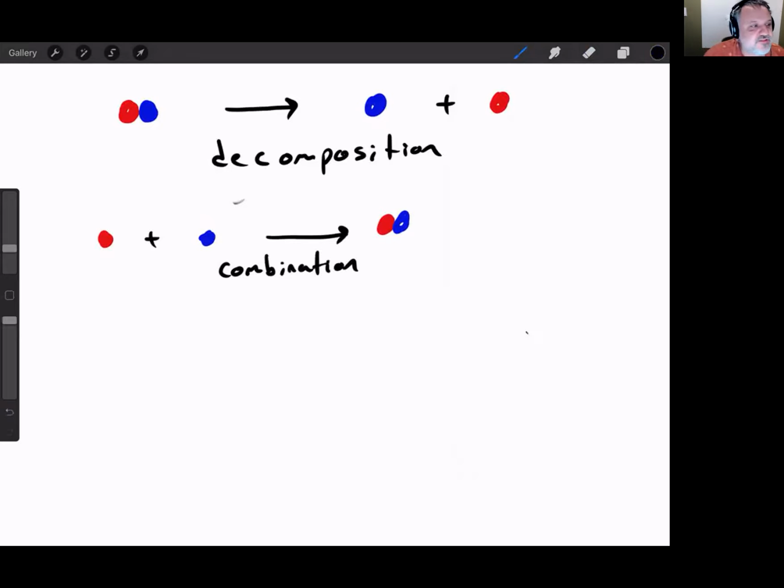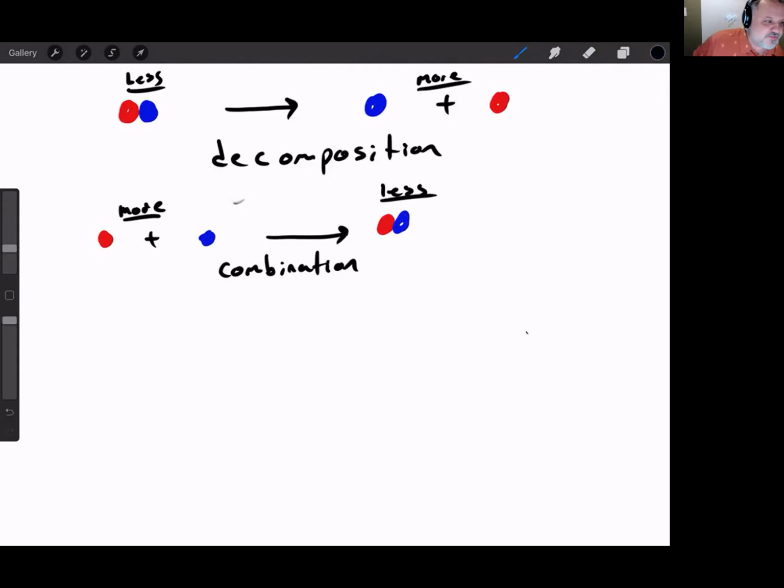So in the first one, it's decomposition. You have one or more than one, it doesn't actually matter, species, and it breaks apart into more species. So you have less on this side and more on this side. That's decomposition. In this example, two things become one thing. In other words, more species becomes less species. That's combination.